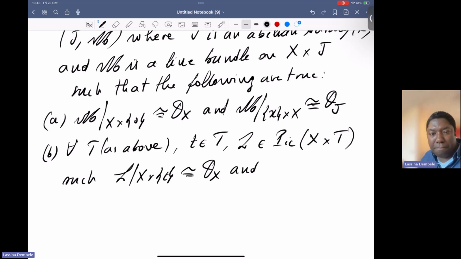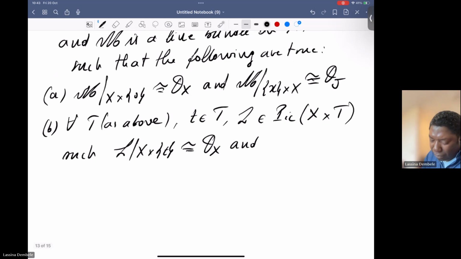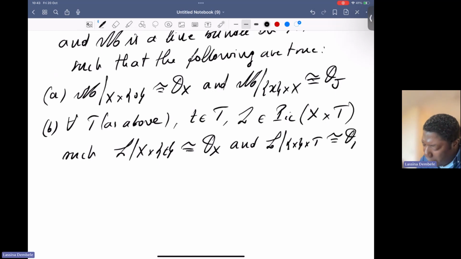And when you restrict that line bundle to X cross T, you get the trivial line bundle on T. So if we have any scheme which satisfies these two conditions, there would exist a unique morphism.